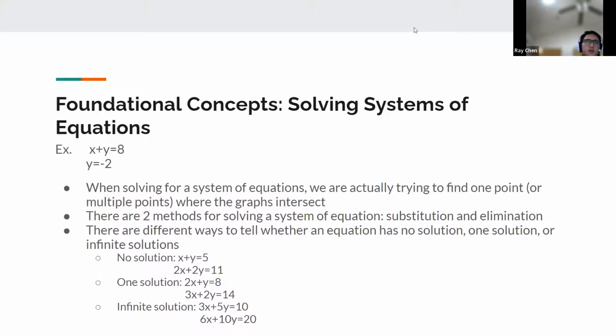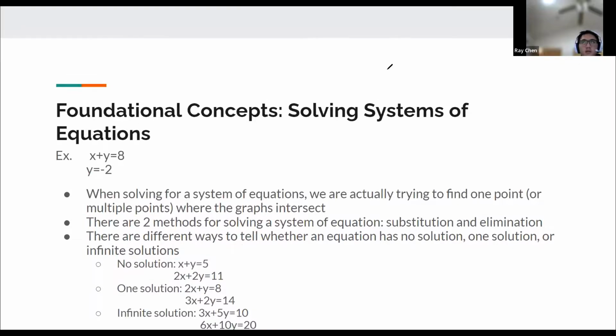If you remember from last week's lesson, when you multiply or change one side of the equation, you must do it to the other side. So if you multiply this first equation by 2, you'll get 2x plus 2y equals 10, while the other one is equal to 11.